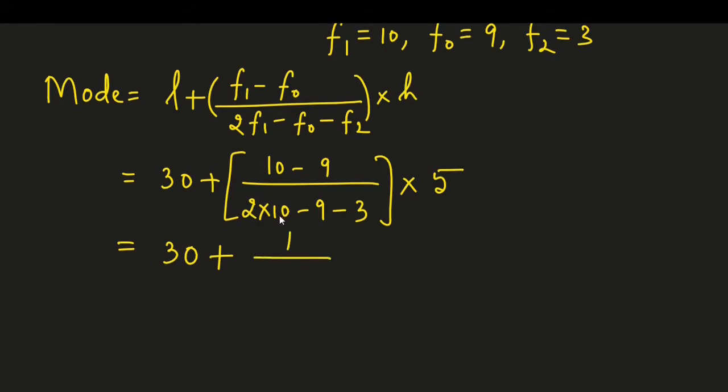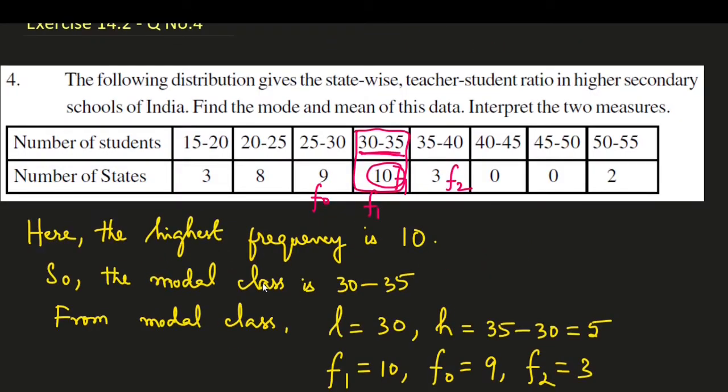This is 2 into 10, 20 minus 9 minus 3. So 20 minus 12, it is 8. So into 5. This is 30 plus 5 by 8. So this is equal to 30.625.